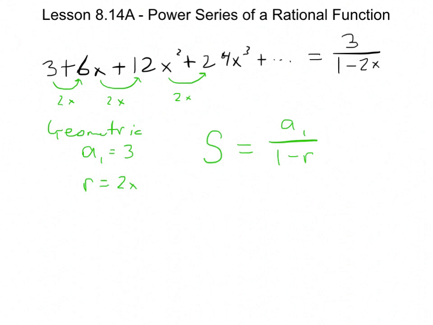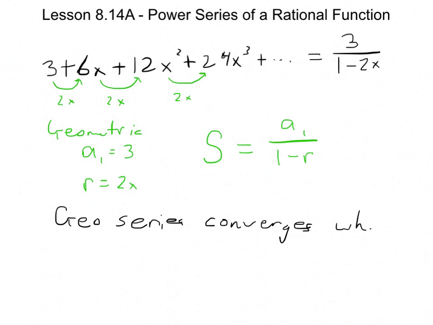How do we know whether or not a geometric series converges? Well, we know that a geometric series converges when the absolute value of the common ratio is less than 1.